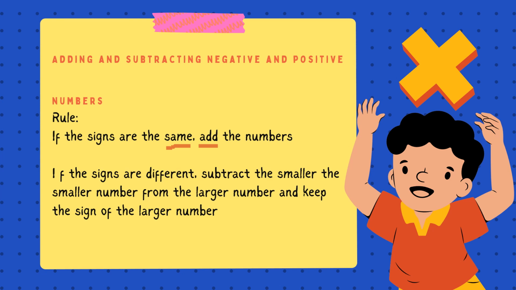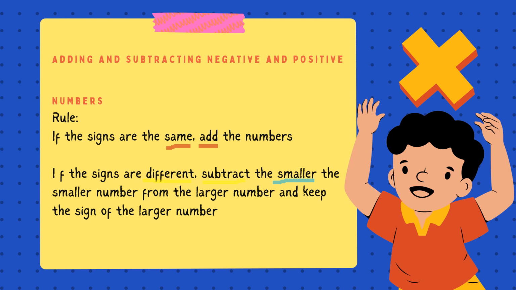If the signs are different, you subtract the smaller number from the larger number and keep the sign of the larger number.